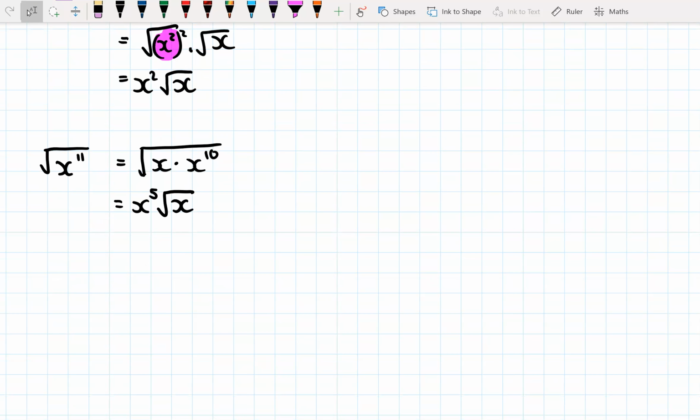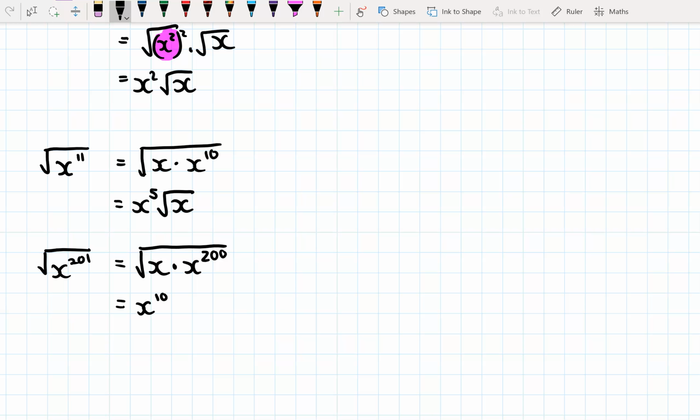So if we did, for example, the square root of x to the power of 201, that becomes the square root of x times the square root of x to the power of 200. And in this case we know that we get x to the power of 100, half of the 200, root x.